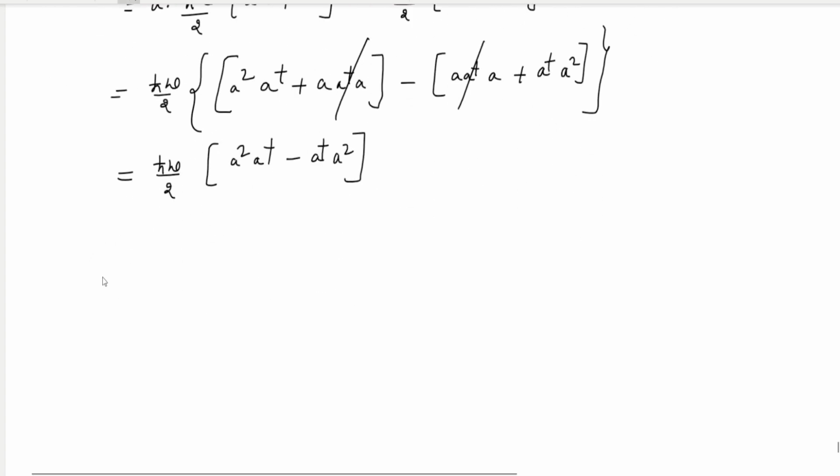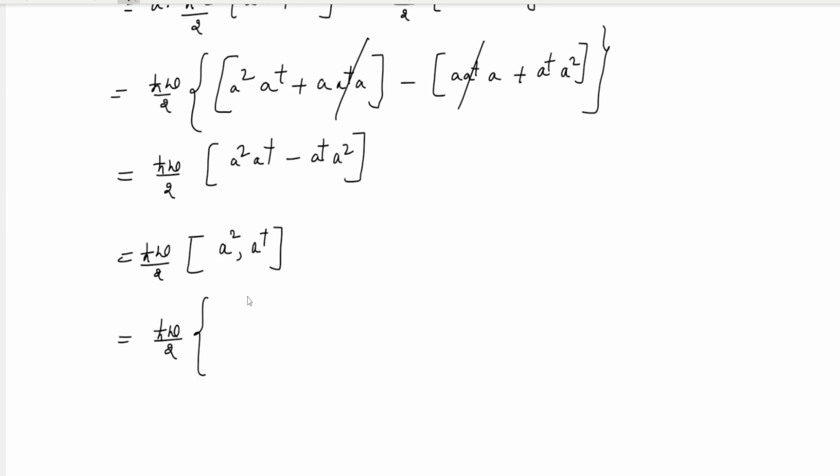So we can write this equation like this, right? In terms of the commutation relation, AB minus BA. A squared A dagger minus A dagger A squared is h cross omega divided by 2 times, then we can write this as A into the commutator of A and A dagger plus the commutator of A and A dagger into A, right?